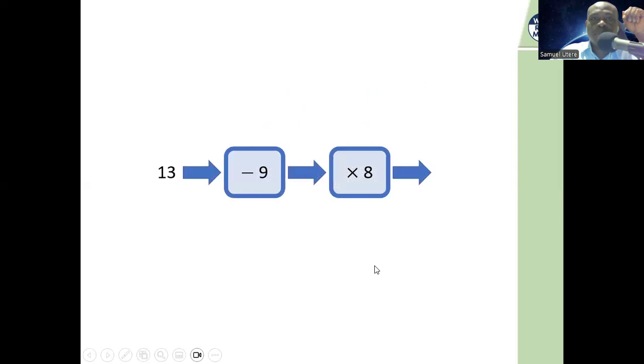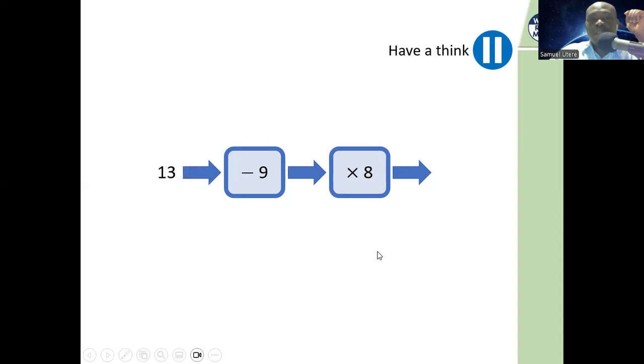Now, what if we have this problem? Have a think. What would the answer be? You would say, okay, that's 13 subtract 9. And then whatever I get as the output of 13 minus 9, I'm going to multiply that by 8.